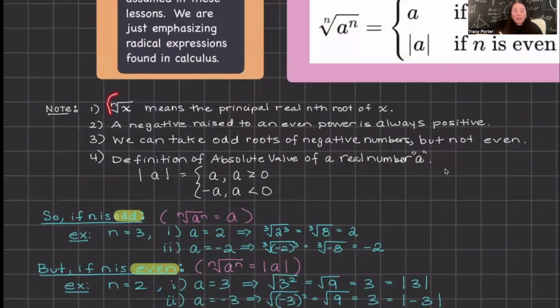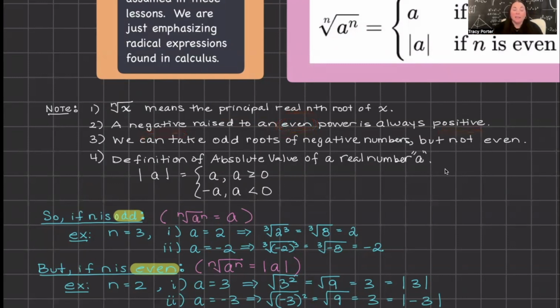When we talk about the nth root of x, in general, we mean the principal real nth root of x, which is the positive root. When we have a negative that is raised to an even power, that is always going to be positive, right?